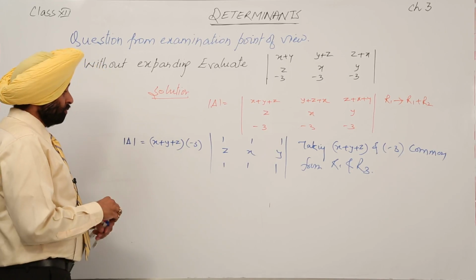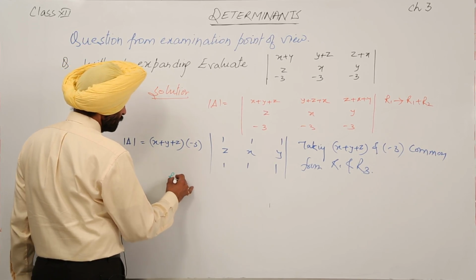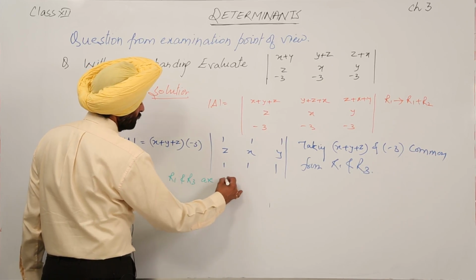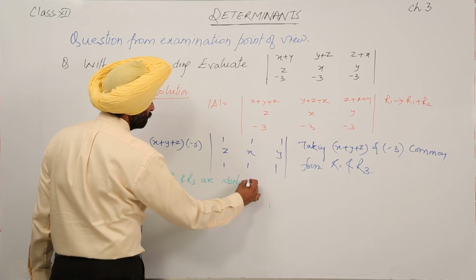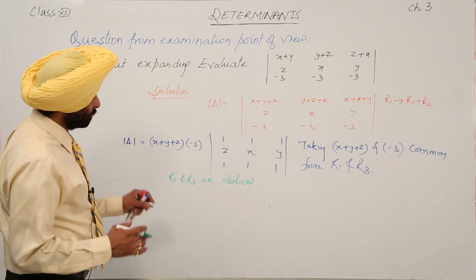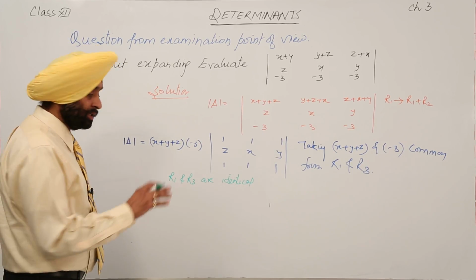Now, R1 and R3 are identical. So according to the property, if two rows or columns are identical, then the determinant is 0.